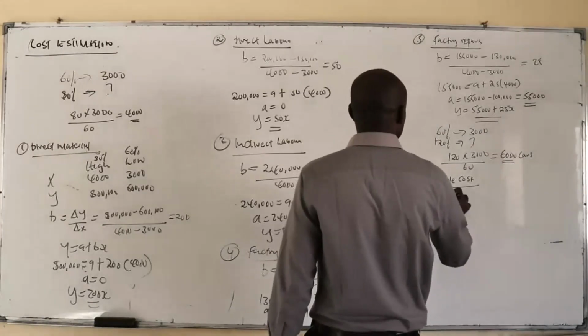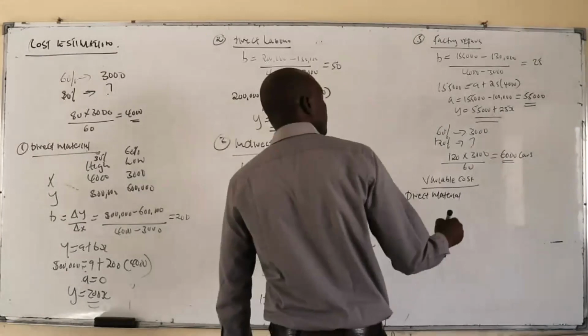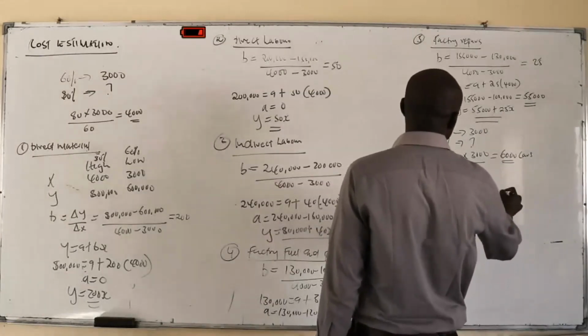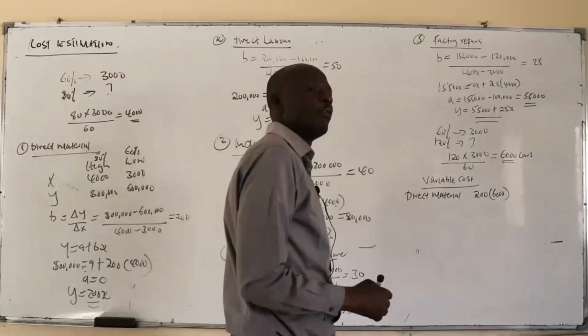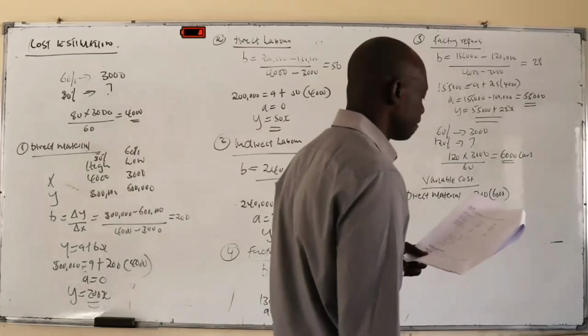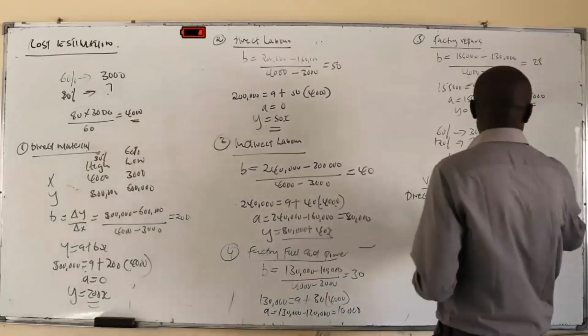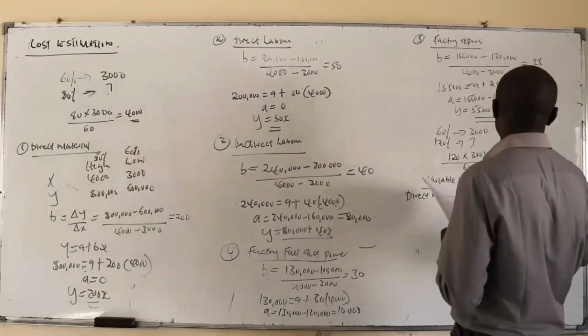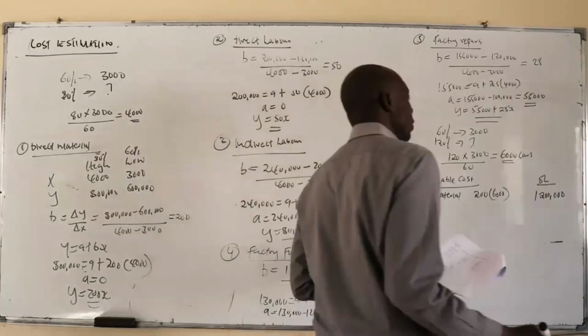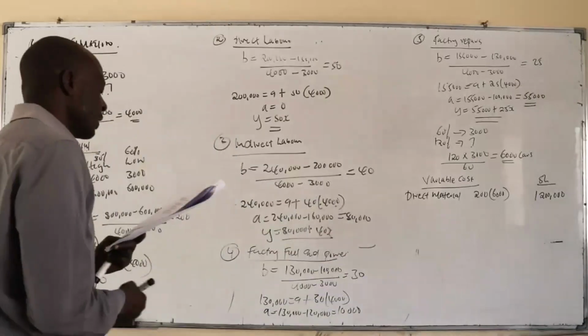The estimation equation is 200, and then we just multiply by 6,000. No fixed element, isn't it? So the variable cost will be how much? It will be 1,200,000. So that is direct material.